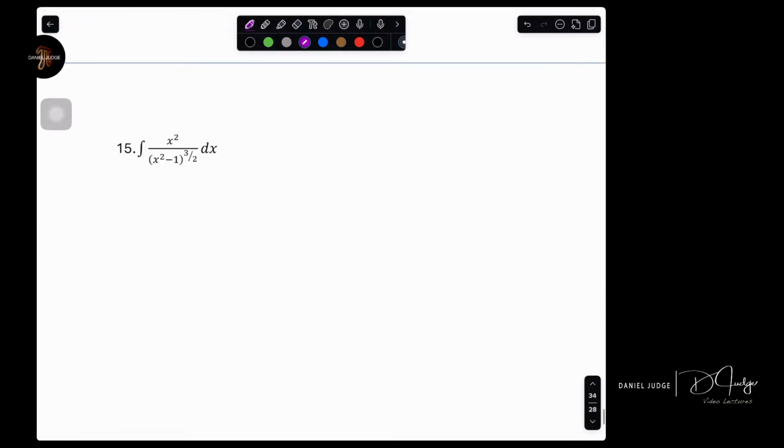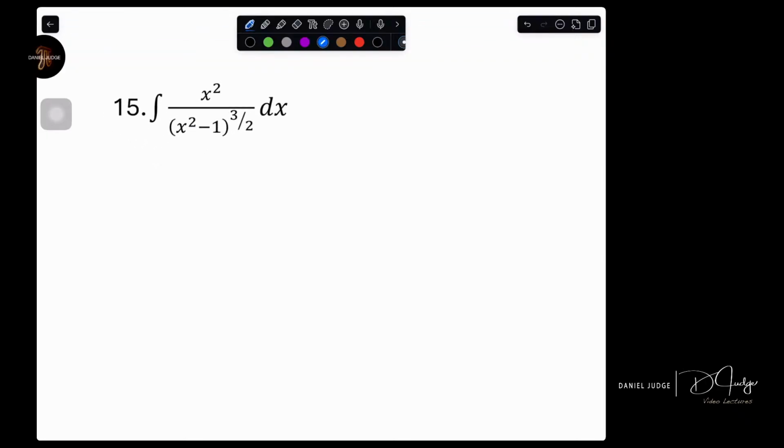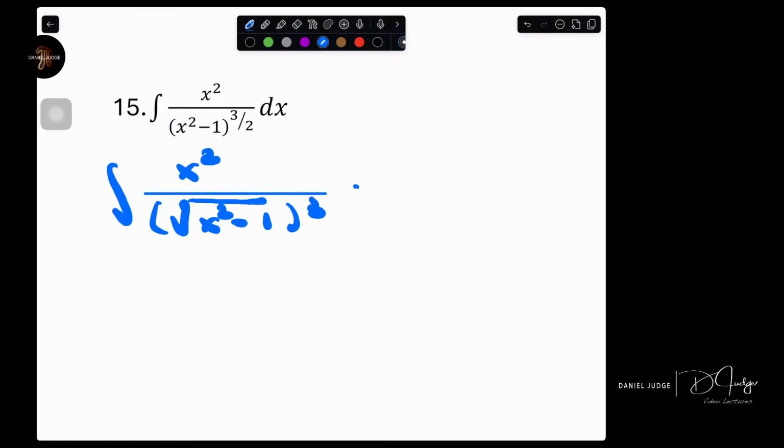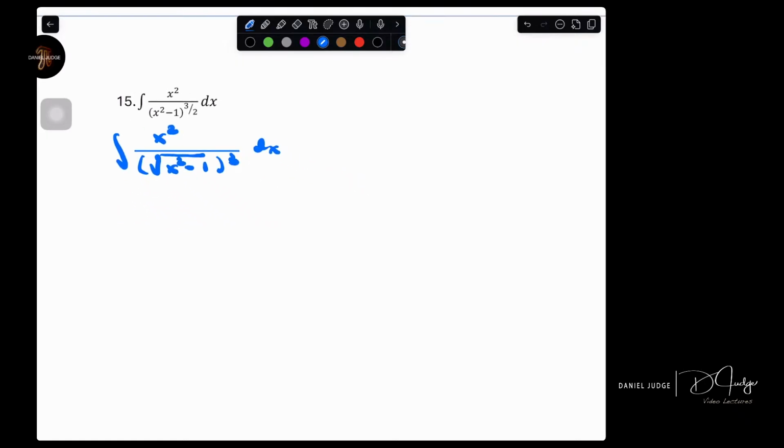Okay, that brings us to the last one. This is the integral of x squared over the square root of x squared minus 1 to the third power dx.